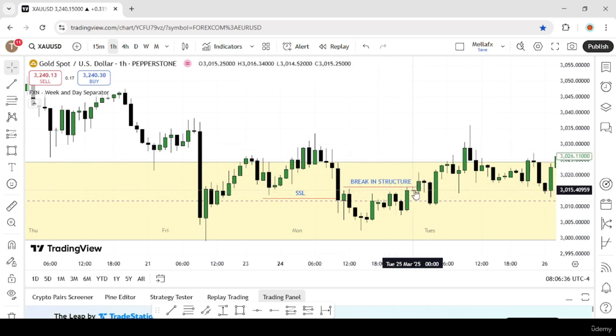So from there, did we get any break in structure? Yes, we confirmed a close above this swing high with this candle on Tuesday here. So the next step is that our entry should be on the breaker. Remember that we've talked about the breaker and what a breaker is.